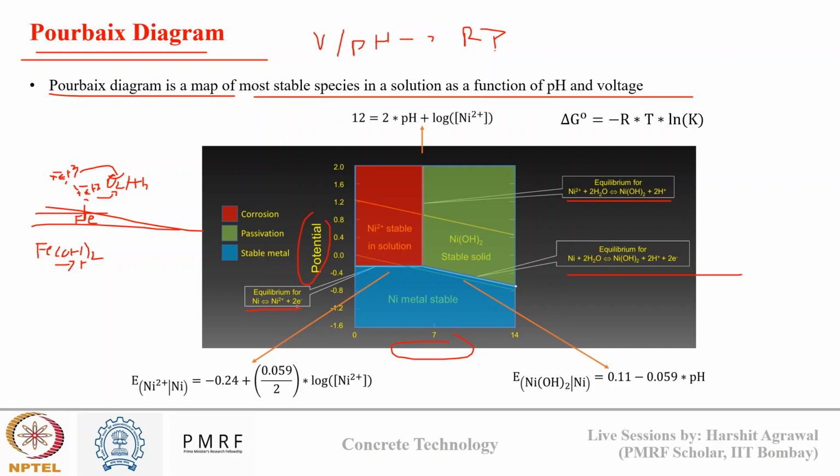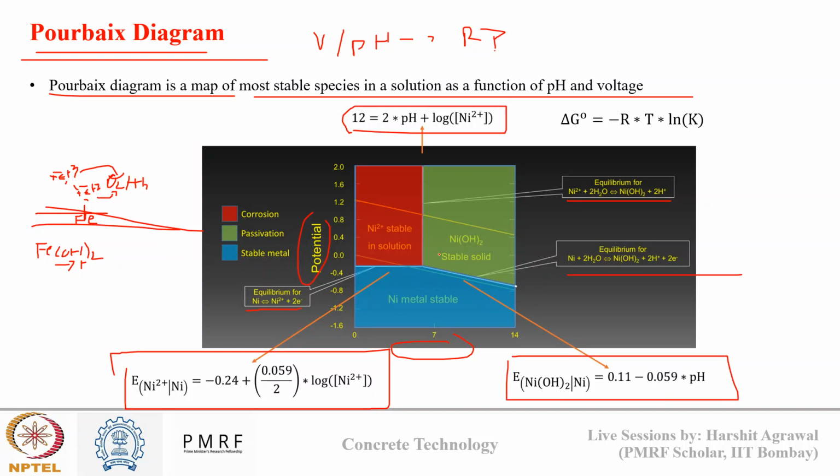If we write the Nernst equation for all the three reactions and plot it on a pH versus potential scale, we'll get different stability zones for different materials. At a potential value lower than about minus 0.2, nickel is stable. At a potential value higher than this point, nickel ion is stable, and at a higher pH of above 6, Ni(OH)2 is stable.